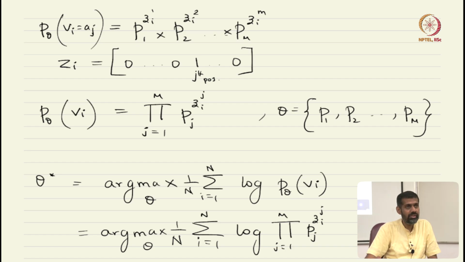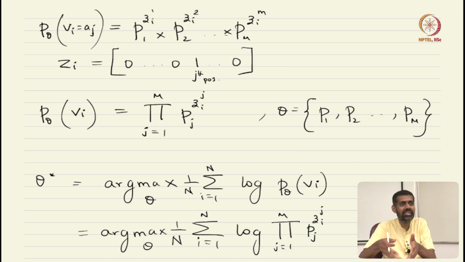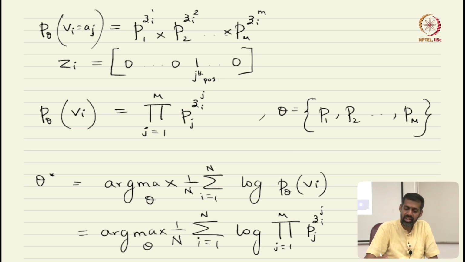Does it make sense now? That is it. We wanted to write our density function this way, otherwise you cannot differentiate it, and that is why we defined that auxiliary random variable. So P theta of Vi equal to Aj, what is this equal to, by the way? This is equal to Pj. If Vi takes the value Aj, then this is equal to Pj, because that is how we have defined it.